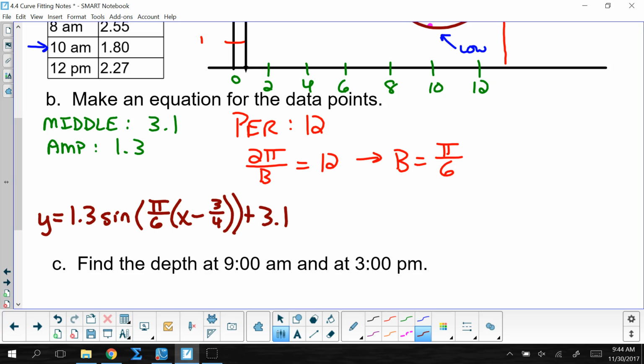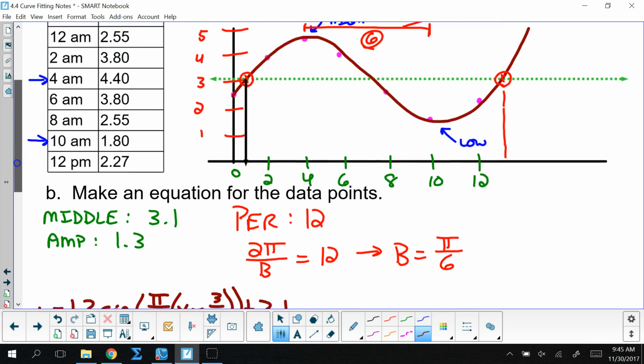Okay. Not bad. I got to do some estimating, which might tweak my answers at the end a little bit. Okay. What is, for lack of a better term, a more accurate trig function to use here?